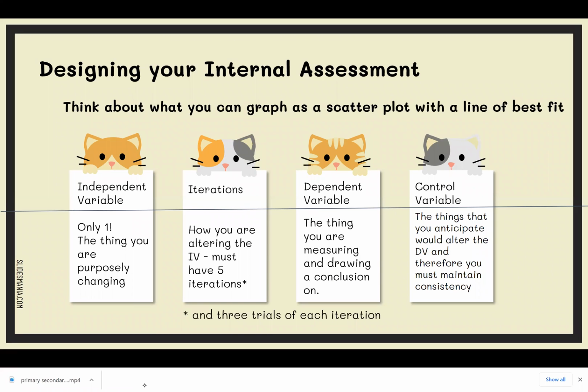That would be cool, but it's not going to lead us to something that we can meet all of the requirements of what IB is asking for. So in the experiment, really what we're looking for is something that you could plot on a graph, do a line of best fit, see how things are related to each other, but not like forming something out of something else.